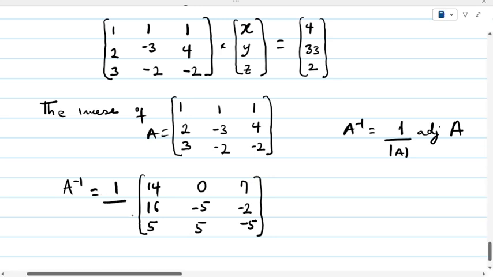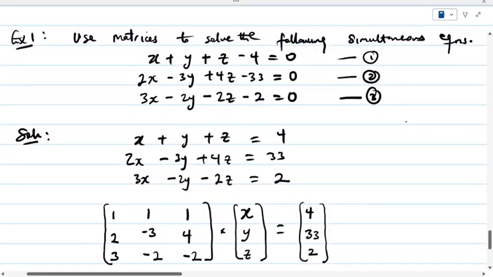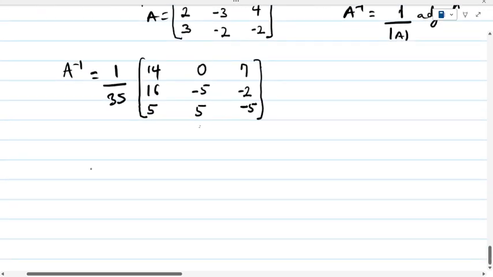One over 35. So this is the determinant, this is the adjoint, that is the transpose of the cofactors. If you check our previous video, we have better understanding on that. So multiplying this with this, let me name this equation star.